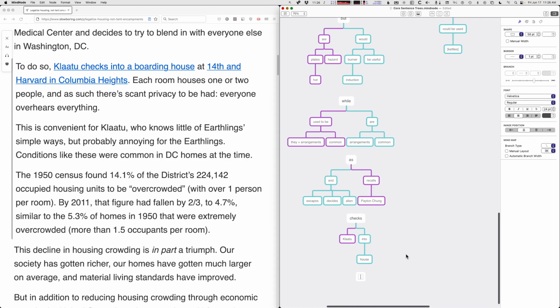Okay, next one. Each room houses. We have houses as a verb, room as the subject, and then and there is scant privacy. So we have another clause there, and we have a colon, and everyone overhears everything. It's another clause. 3 clauses. So I'll ignore the colon to get started.